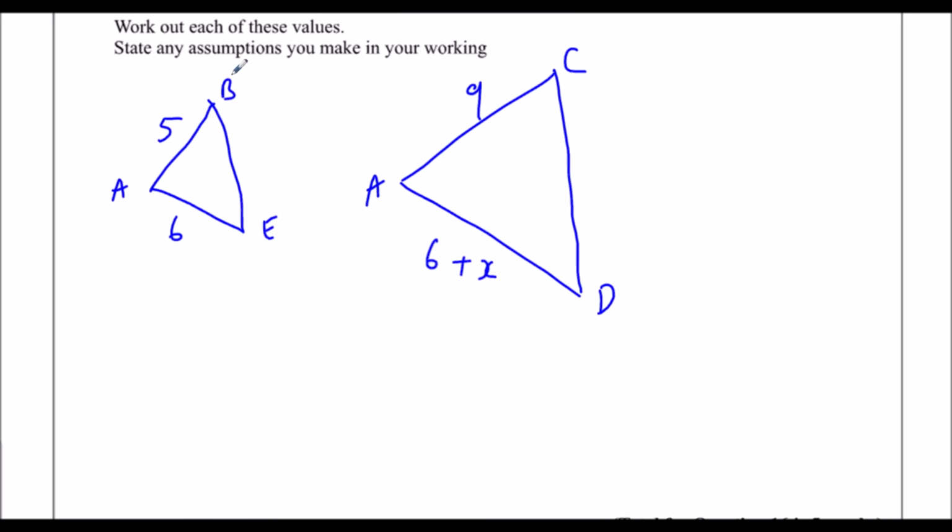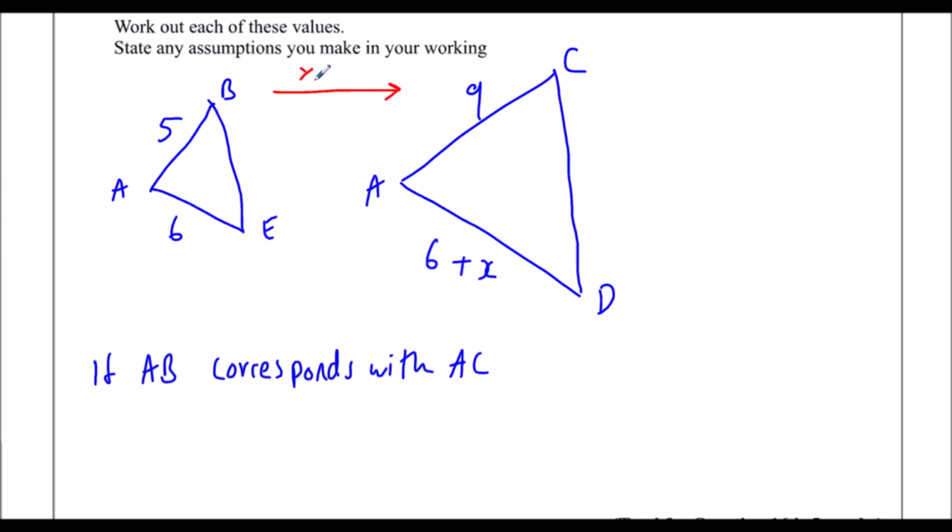so if AB corresponds with AC, then the scale factor will be times 9/5. So to go from 5 to 9, the scale factor is times 9/5.